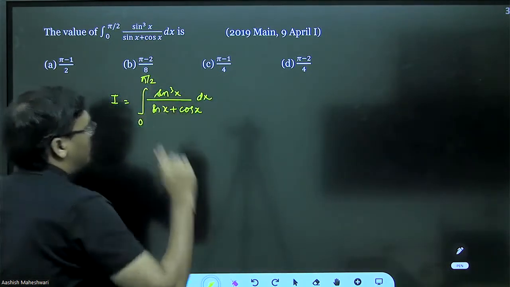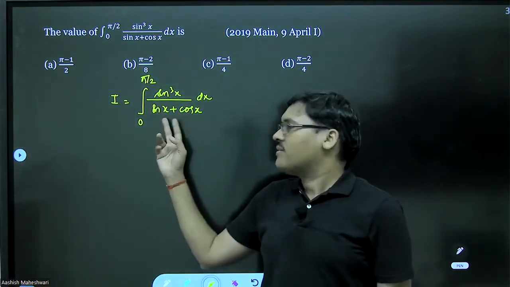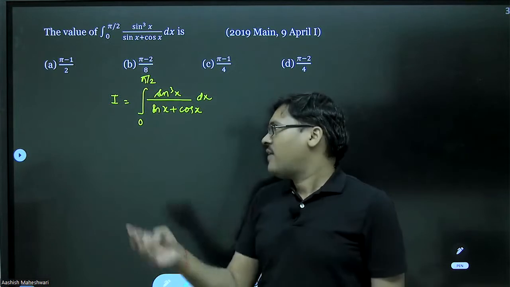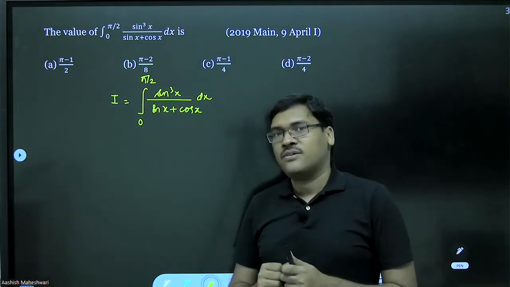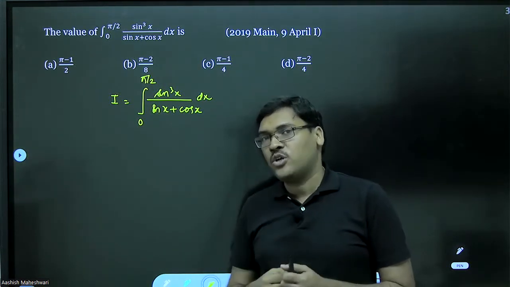Now, if you think about this integration, in the denominator you have sin x plus cos x. If in the numerator you had sin cube x plus cos cube x, you could cancel the sin x plus cos x factor. But how can you create sin cube x plus cos cube x in the numerator?